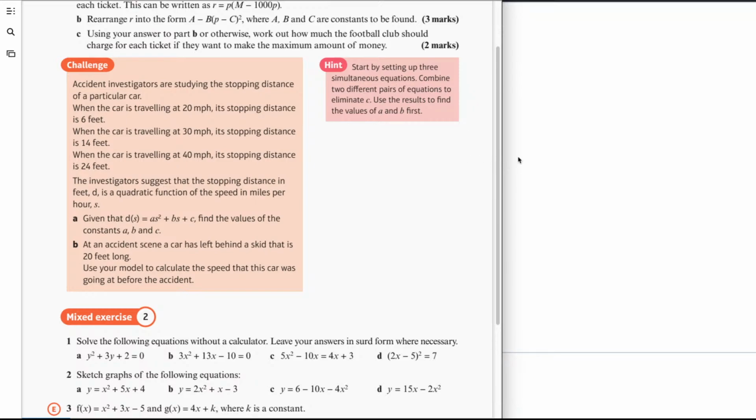So Wade, just before we get into the challenge, hello Wade, you say equation of a circle with a tangent. Depends what information you're given.